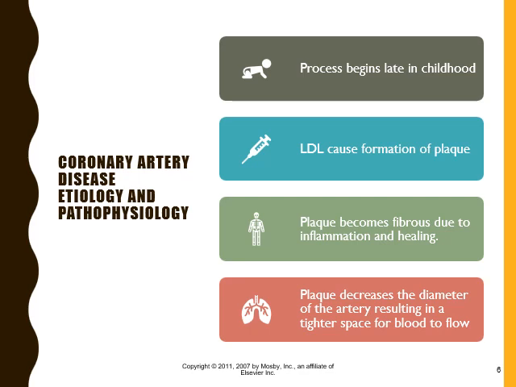The process begins late in childhood. Low-density lipoproteins are the chief culprit, and they contribute to the formation of fatty material. The plaque will protrude into the artery, and it narrows the blood flow. Plaque becomes fibrous due to inflammation and healing, so it's a process of getting better, getting worse.